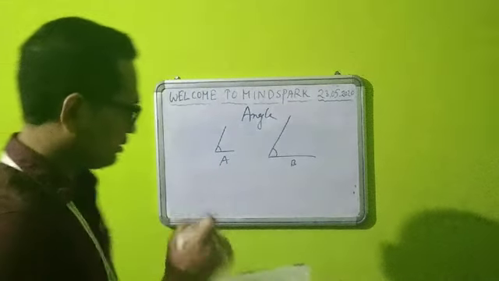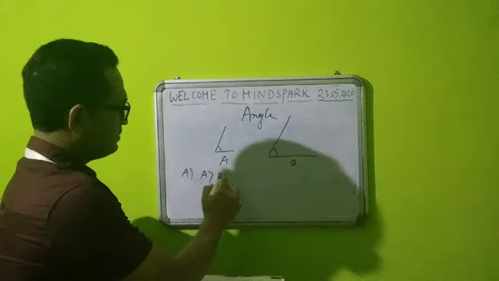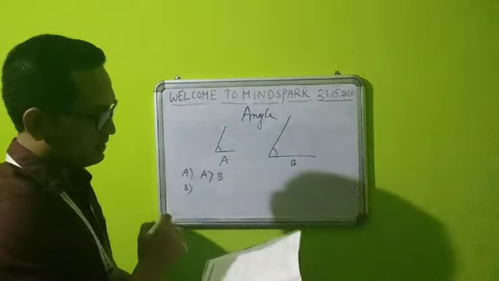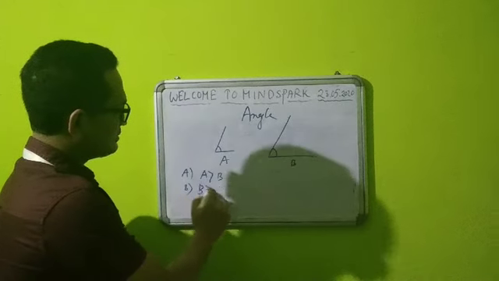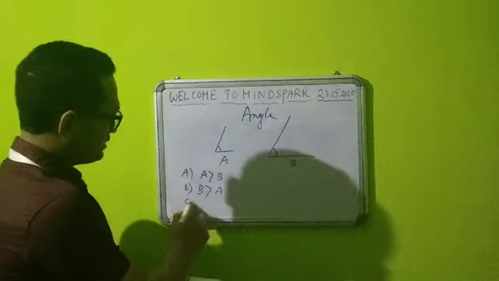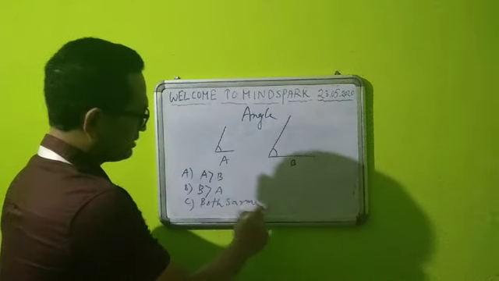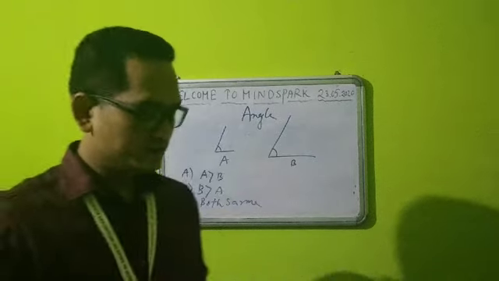Option A was A is greater than B. Option B was B is greater than A. And option C was both are the same. So these three options were given.